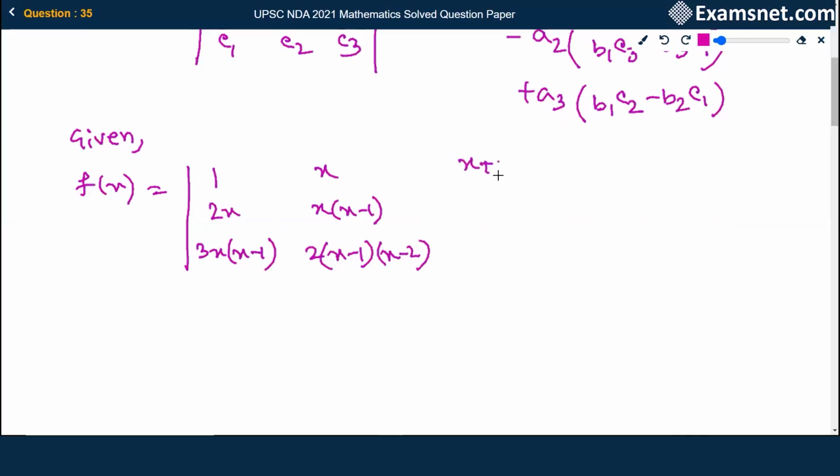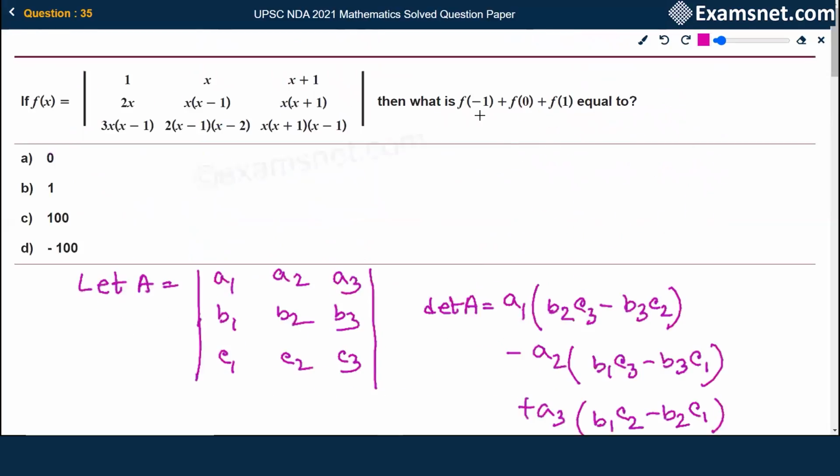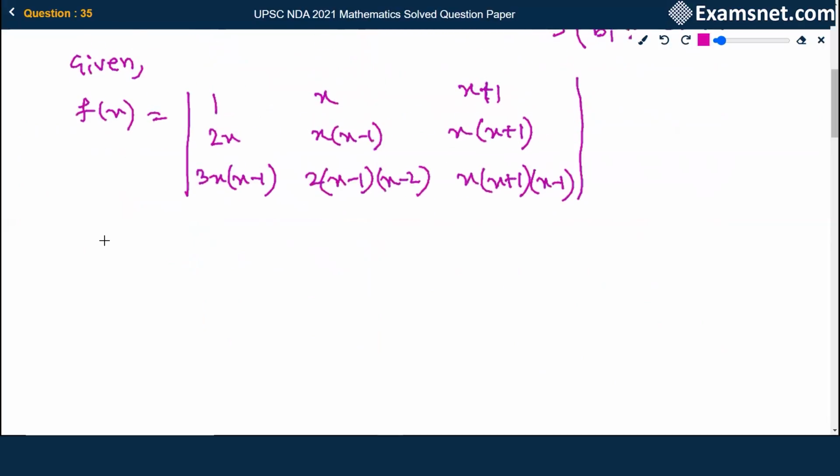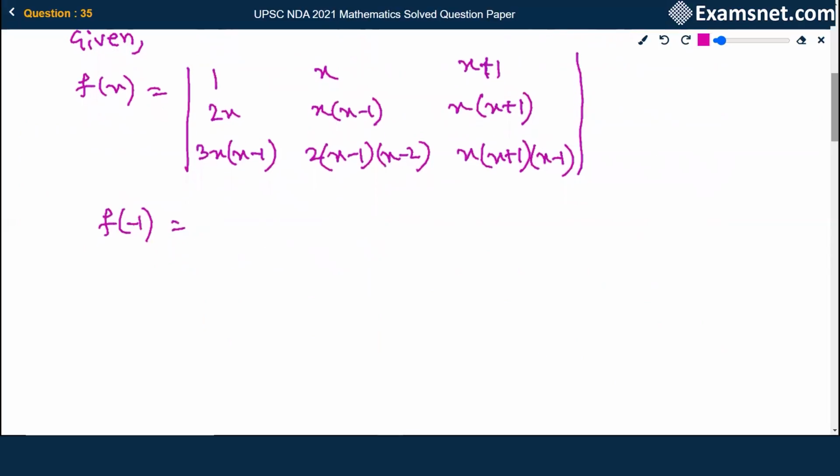Next, x plus 1, x multiplied by x plus 1, x plus 1, x minus 1. Okay, first we will find the value of f of -1. That means in place of x, we will put -1. So f of -1 will give us the value. Let's put everywhere, wherever there is x, we will replace it with -1.